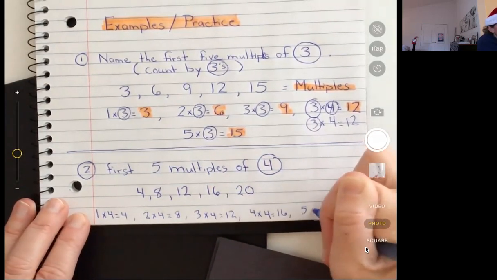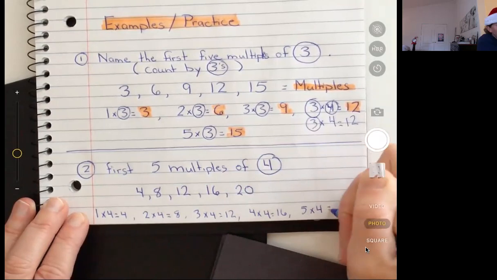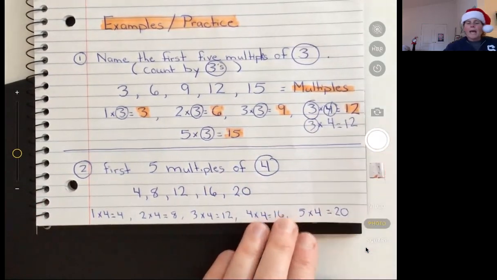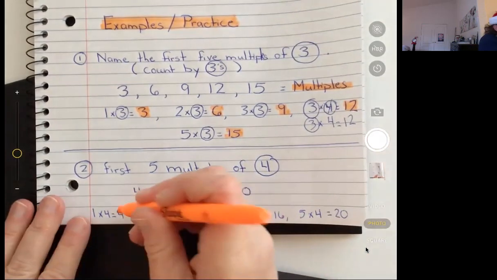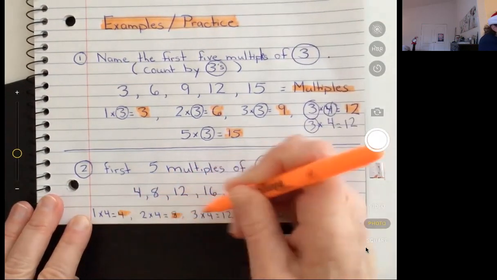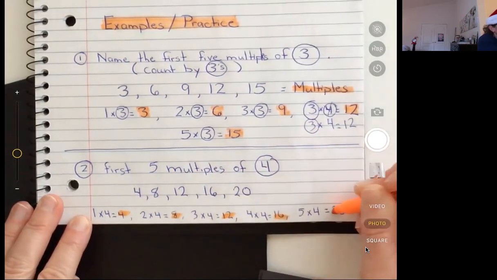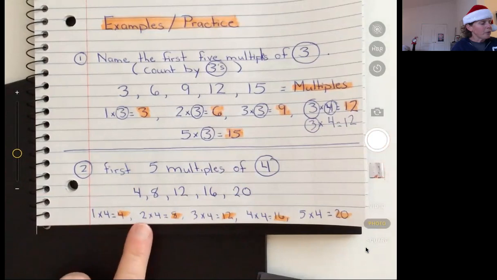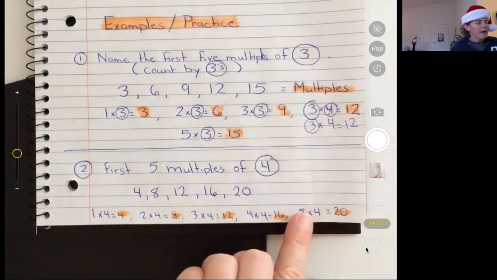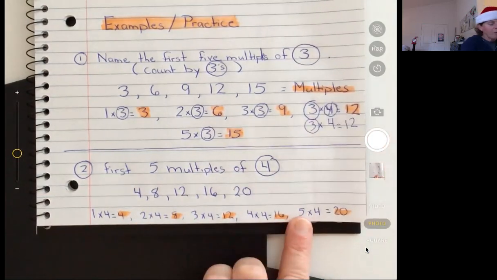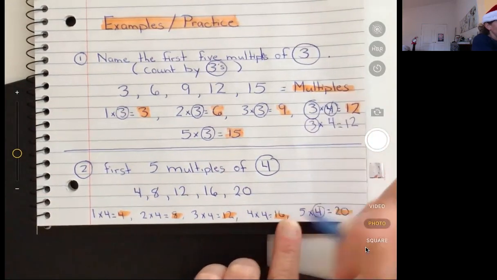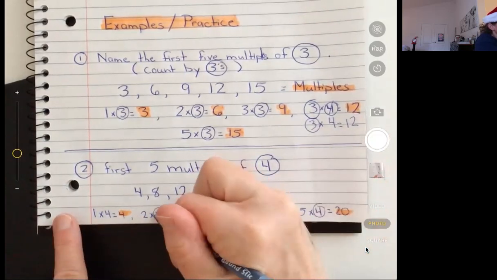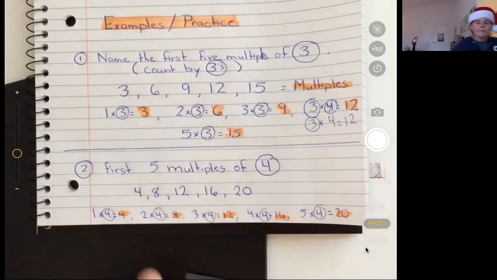And 5 times 4 equals 20. So again, the multiples are the products. So here are the products, my count by 4s. And then you can see this is 1 multiple, 2, 3, 4, and 5 because we're just taking our count by and we're multiplying. And there you have it.